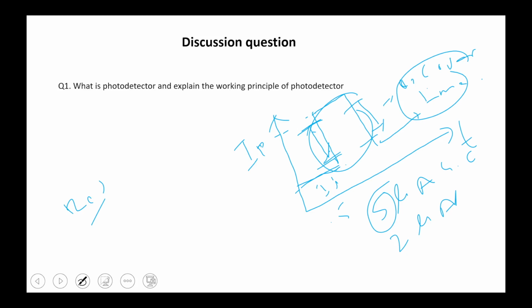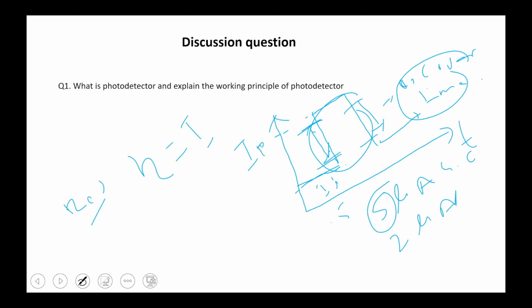What is the significance of the quantum efficiency? We can calculate how much current is generated by the incident photons. Sir, it can give a particular cutoff wavelength, so that we can find a suitable band gap.